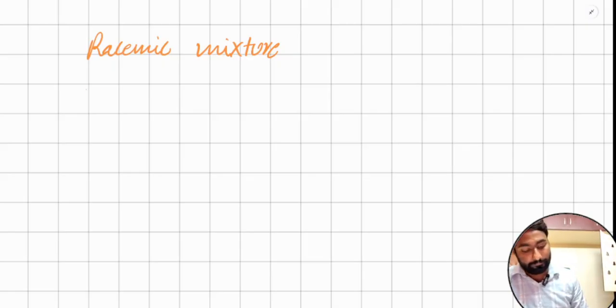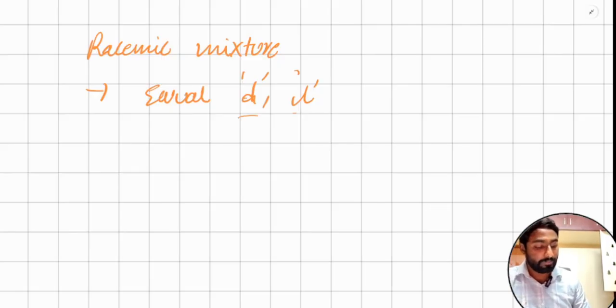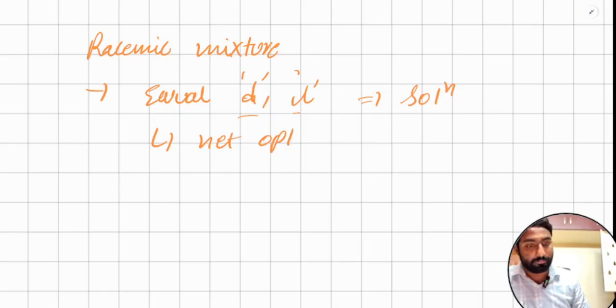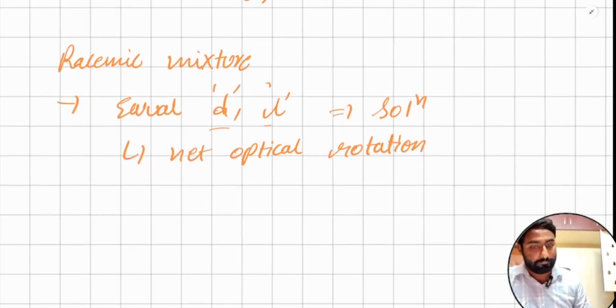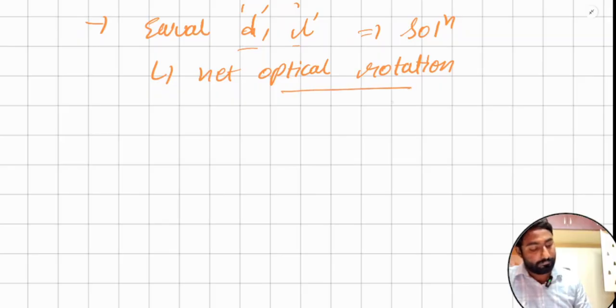If equal amounts of D and L isomers are present in a solution, then the net optical rotation will be 0.